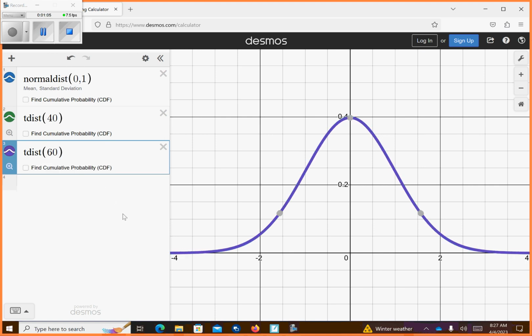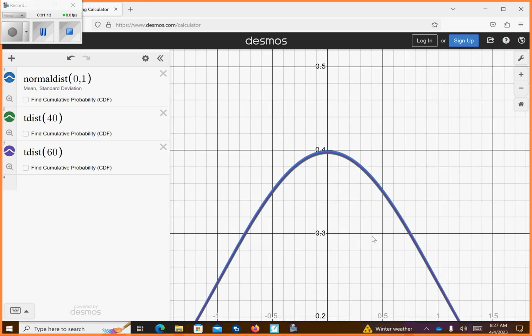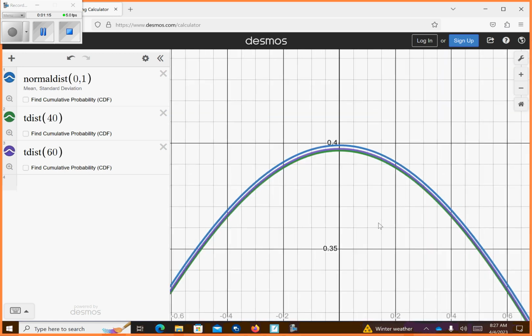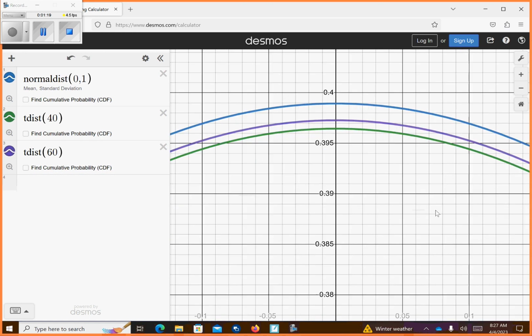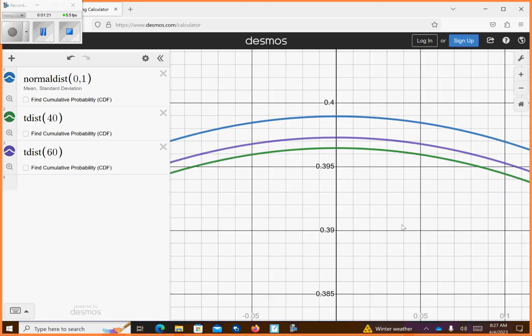All right, so looking at it, everything seems to fall exactly on it. So what I think we could do is zoom in on the top portion. The blue is the normal, the purple is the 60, the green is the 40.